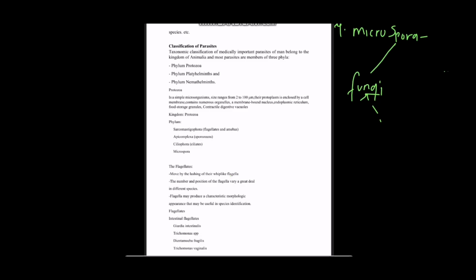The flagellates, they move by whipping their flagella. That is, they move through the use of their flagella. Examples of such parasites include the Giardia lamblia and the Trichomonas vaginalis.